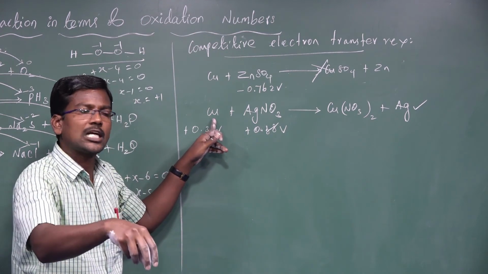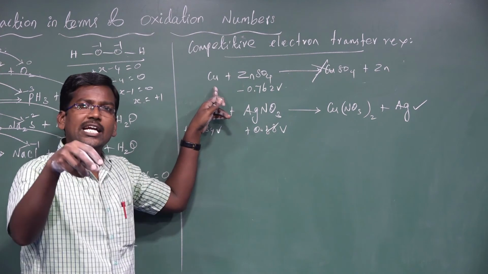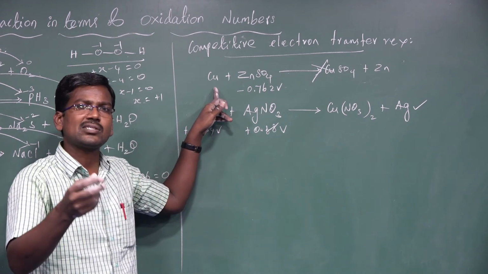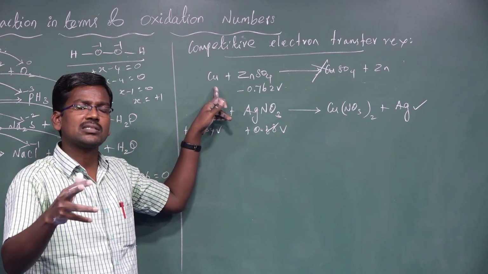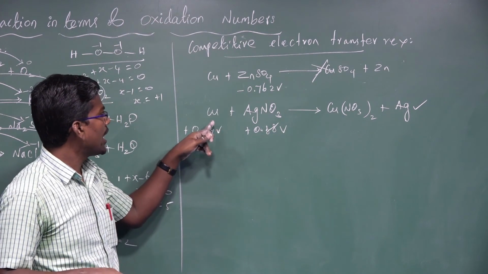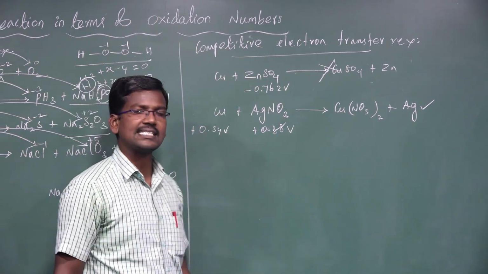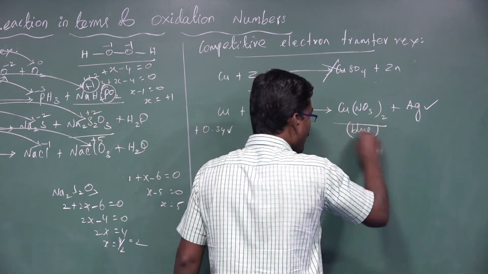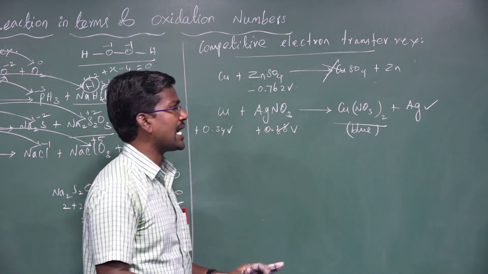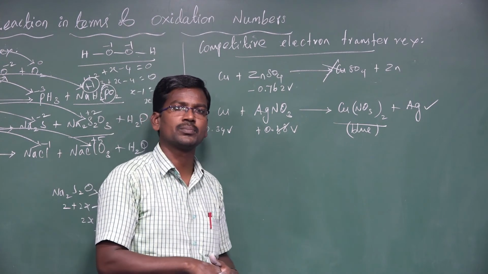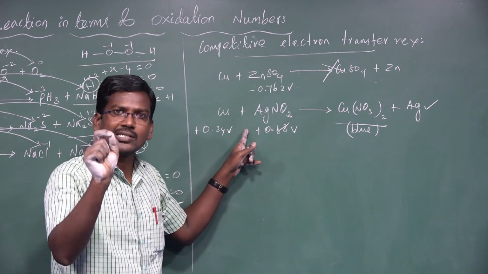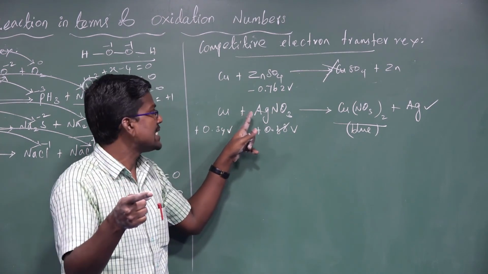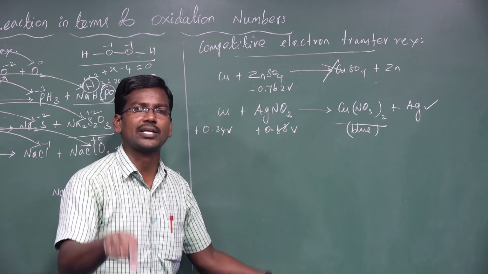Now, if a copper rod is dipped in zinc sulfate solution, the reaction does not take place, because zinc has a strong tendency to release electrons and copper has a strong tendency to accept electrons. If a copper rod is dipped in silver nitrate solution, a blue colored solution of copper nitrate and silver metal are formed. From this process we can conclude that copper has a strong tendency to release electrons, and silver metal has a strong tendency to accept electrons.